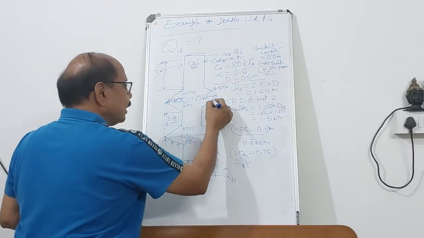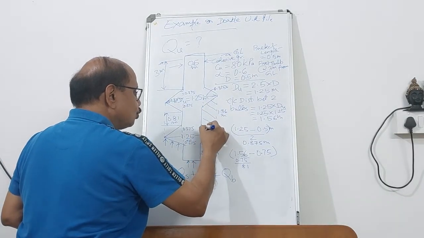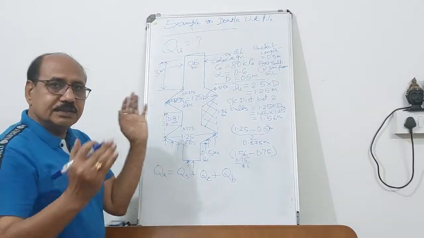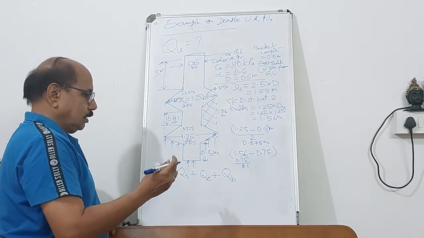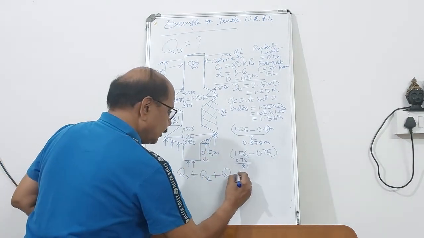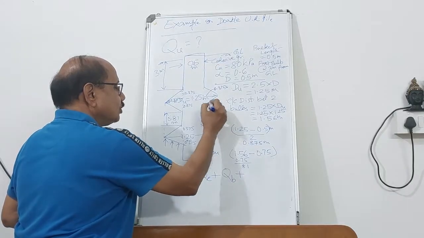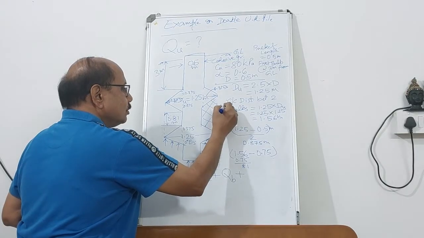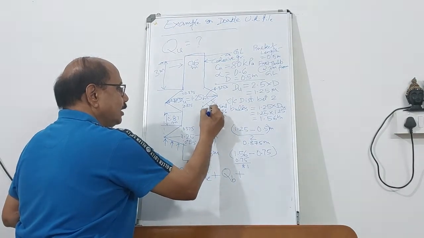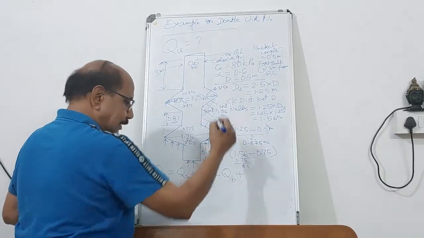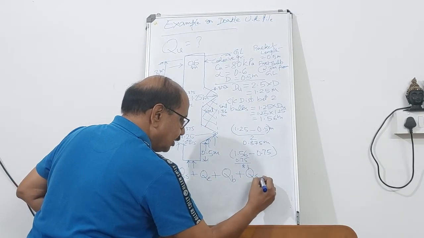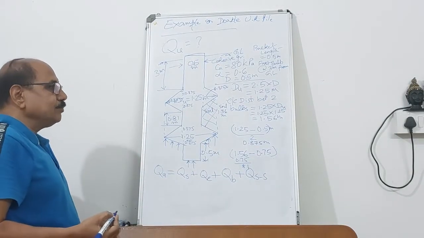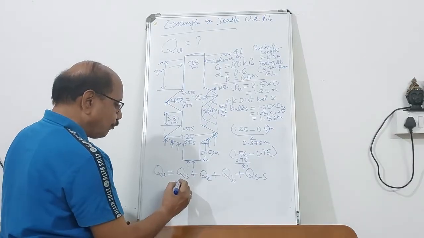As you know, the soil within these two bulbs is going to be confined and act as if it is one unit. Therefore, the friction that comes into picture is between soil and soil, and that is the load transfer due to friction developed between soil and soil, QSS. So there are 4 components.